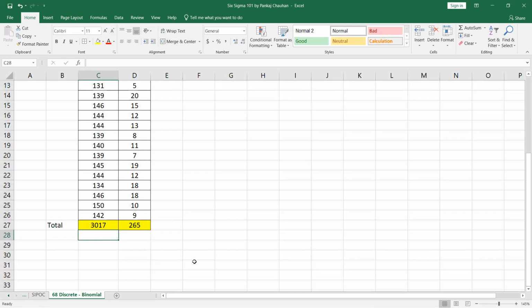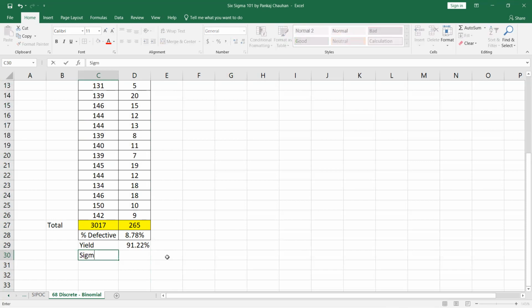So the percent defective is 265 divided by 3017, which is 0.087884 of 1, or around 8.78% defectives. If this is the defective rate, what is the yield? Yield is always 1 minus defective, which is around 91%.